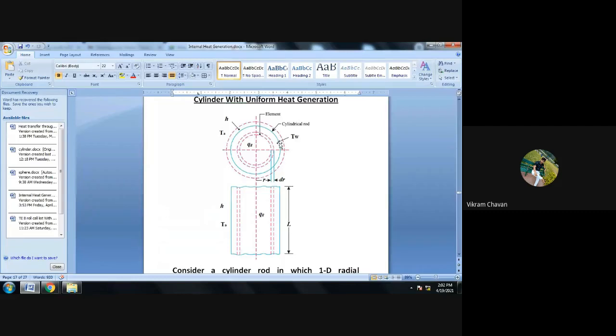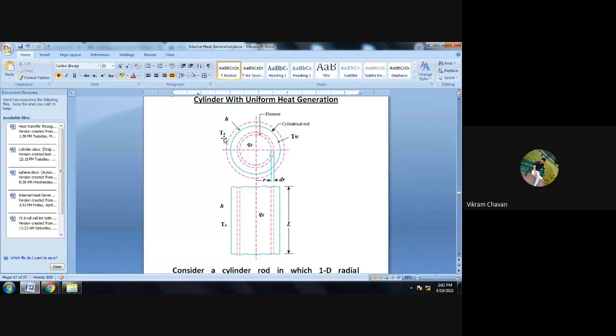This rod is also transferring heat to the external environment, the external air surrounding the rod. The surrounding temperature we consider as T suffix A, the air temperature.